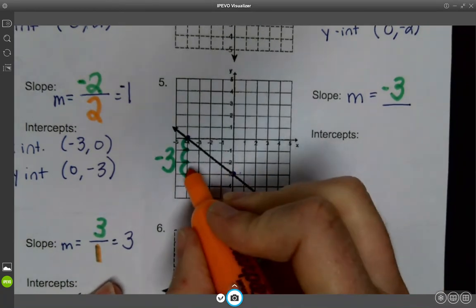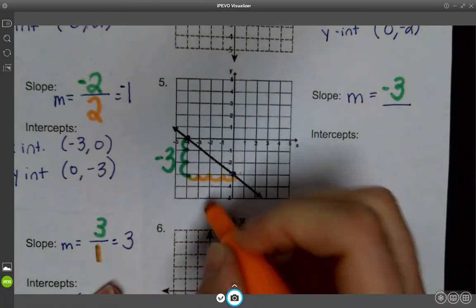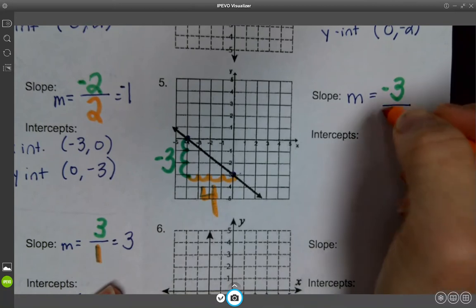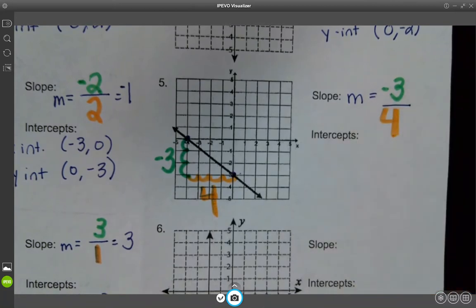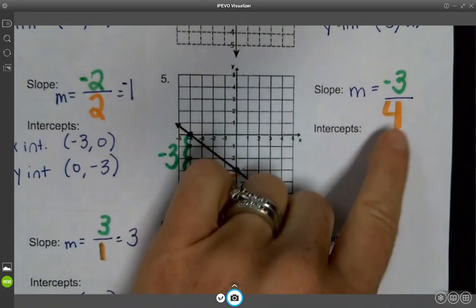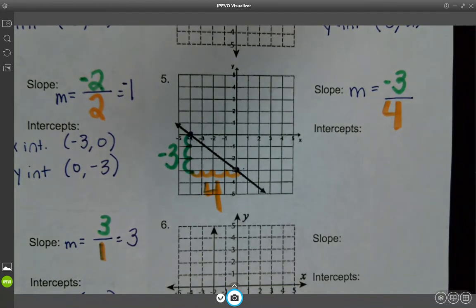Yeah. 1, 2, 3, 4. When we go right, that's in a positive direction. And when we do our slope, we're always going right. So the denominator will not be negative when we count on a graph. So it's just -3/4 is our slope. There's no reducing that. We're going to leave it just like that.